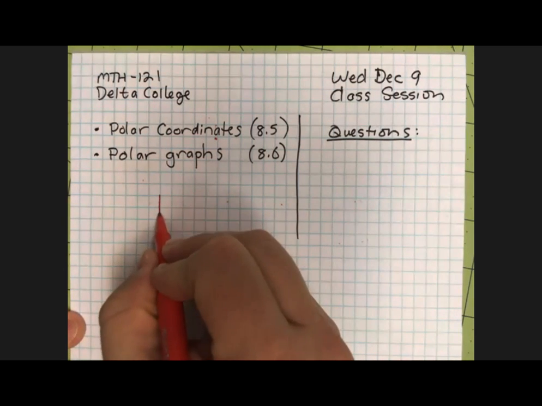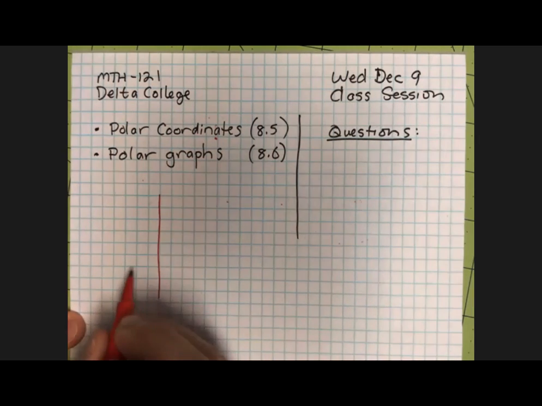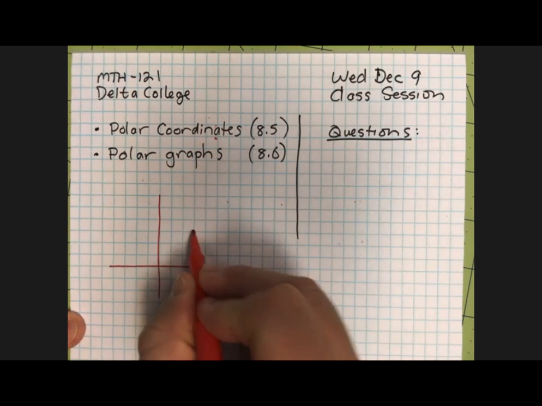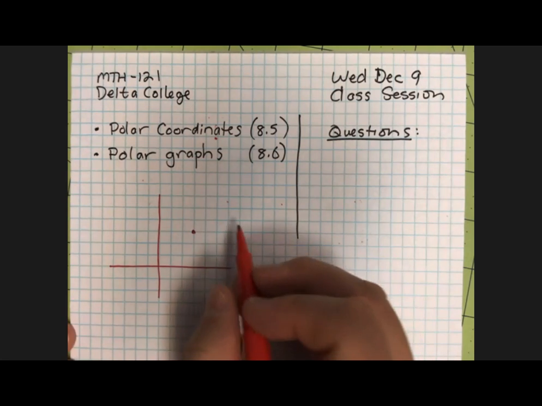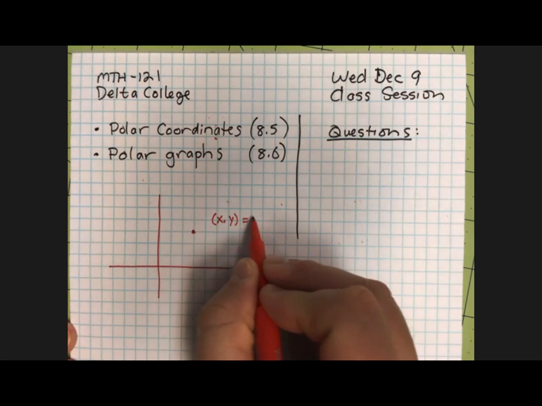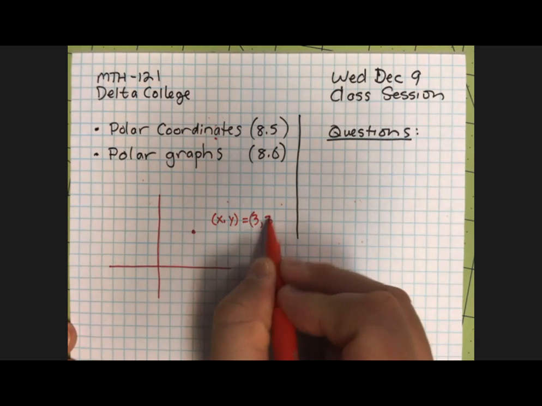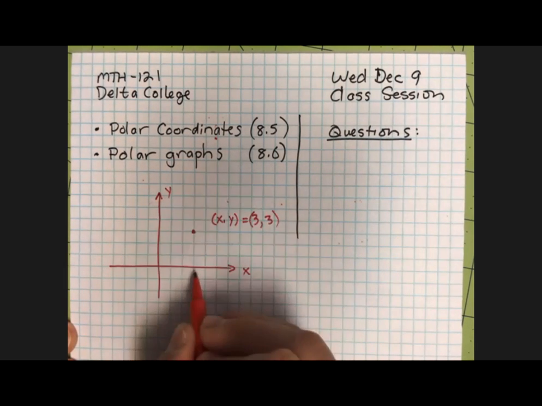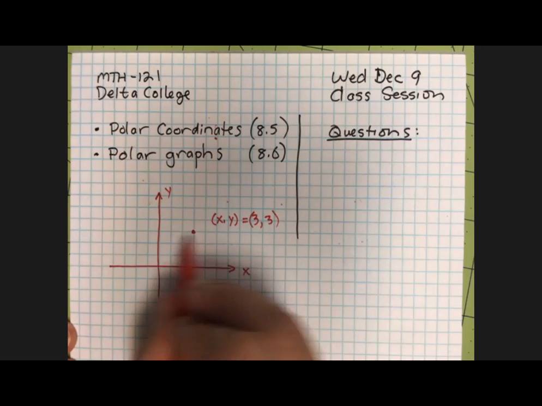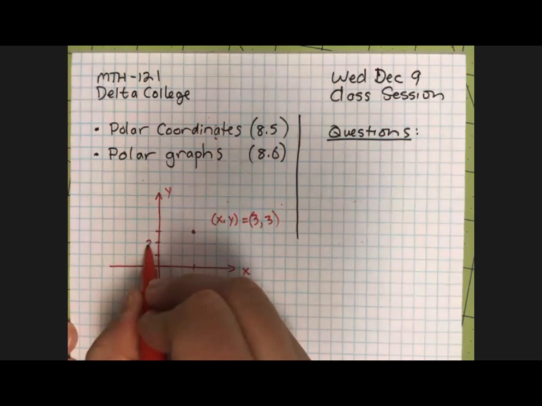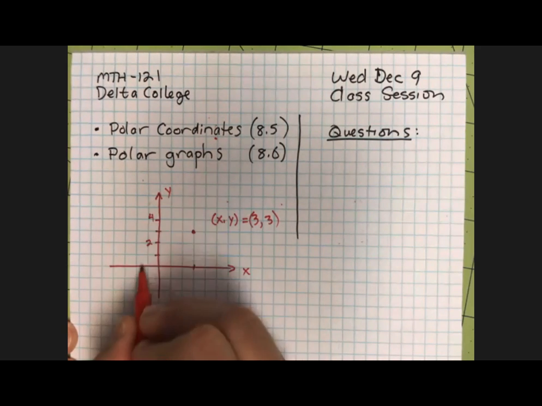If I have a point out here, and let's just pick a big simple point to begin with, x comma y is 3 comma 3. X-axis, y-axis. And by this scale, you might think every box is 1 unit, but remember, it's polite to tell people exactly what your scale is.